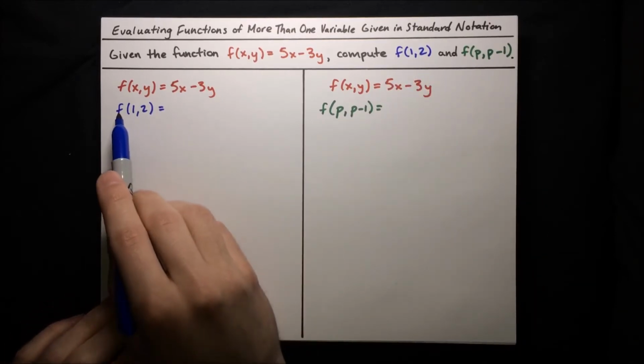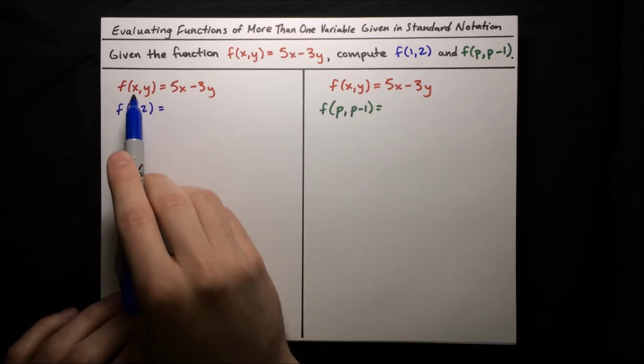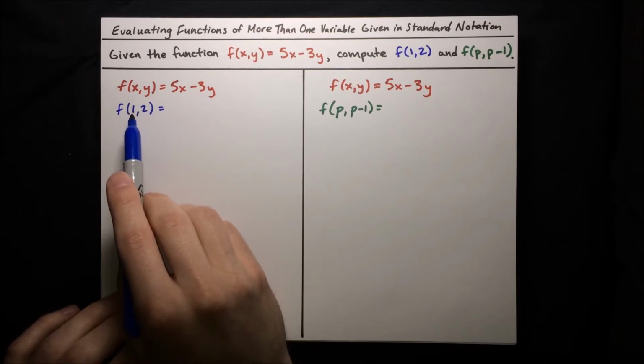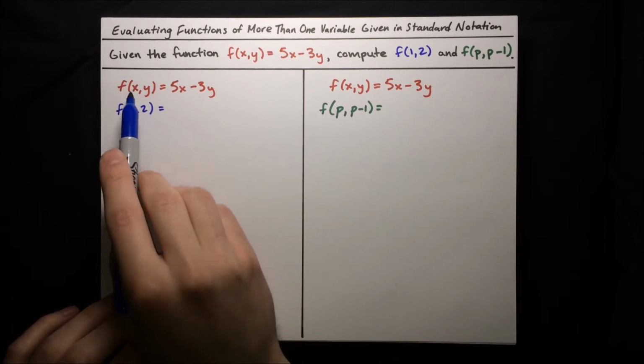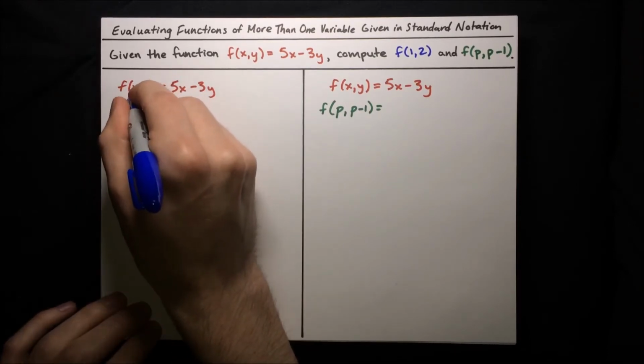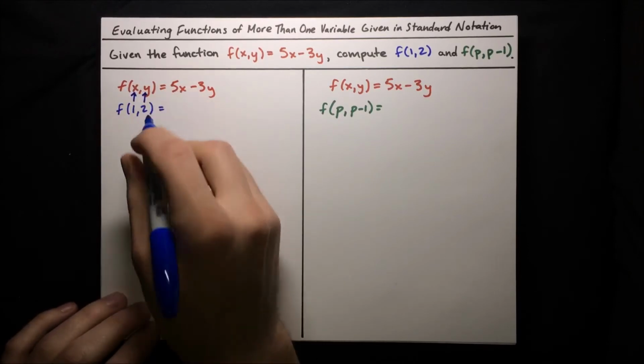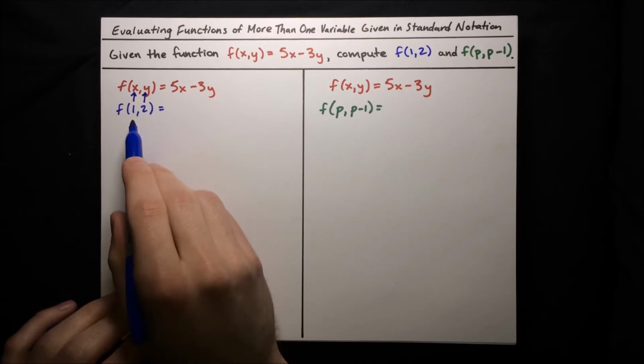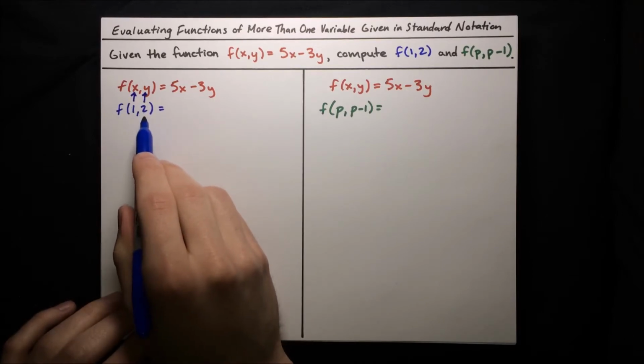So we want to compute f of 1, 2 using the function definition, which is f of x, y is 5x minus 3y. So the inputs 1, 2 just correspond to the inputs x and y. 1 corresponds to x and 2 corresponds to y. And we just plug it in like we would with any other single variable function, except now we've got two variables that we're plugging in for.